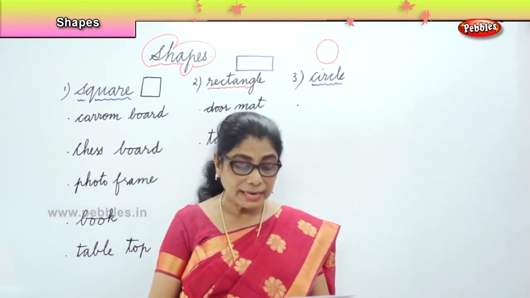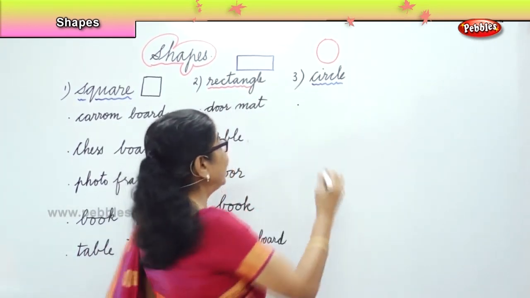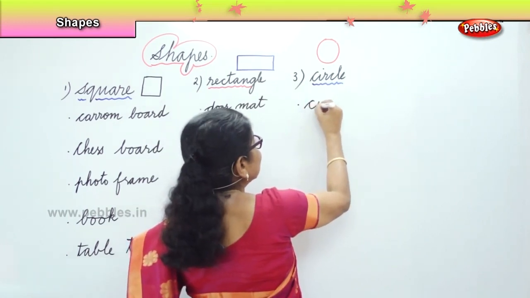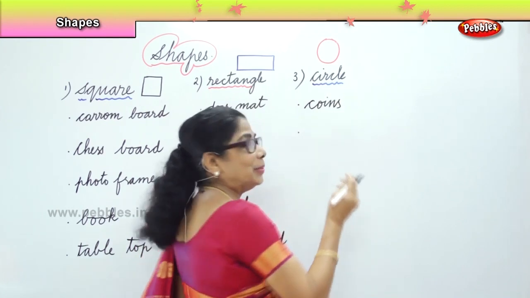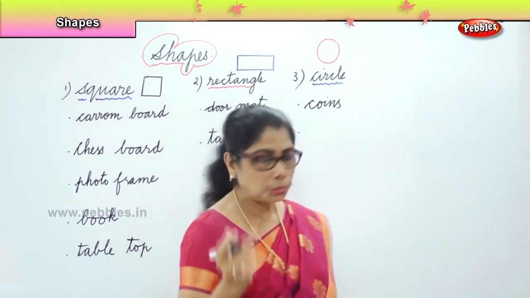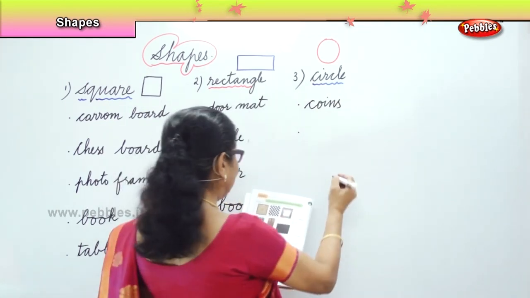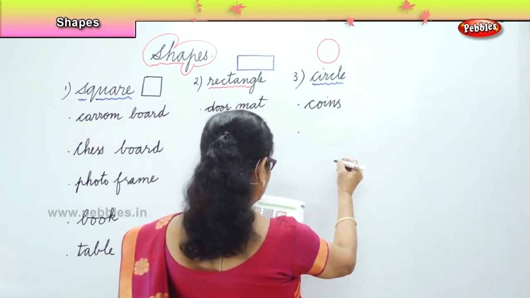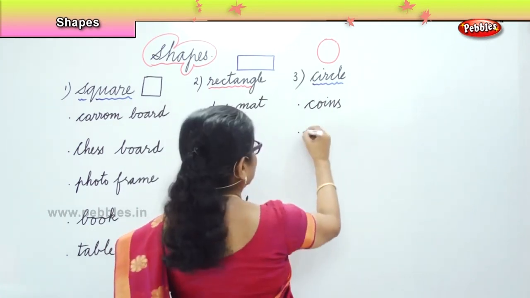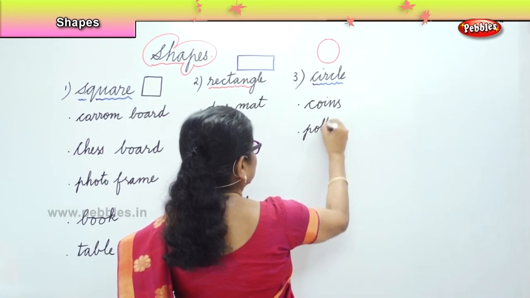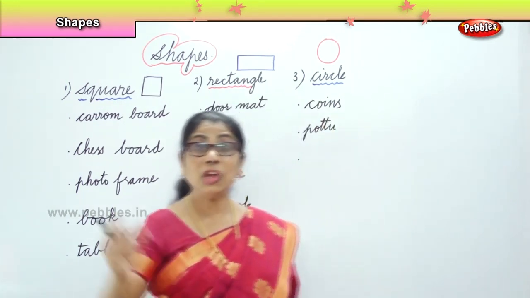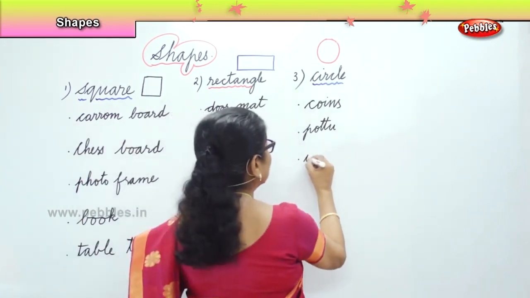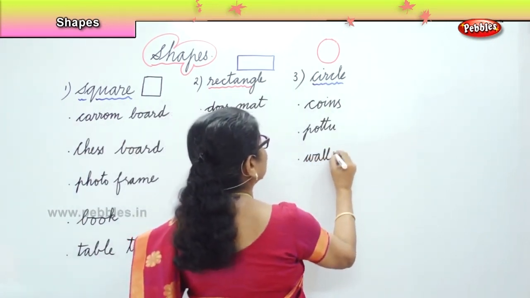Now, when you say circle, coin, look at the coins that you use. Pottu. You put pottu, and that can be circle. What else is circular in shape? You have your clock, the wall clock.